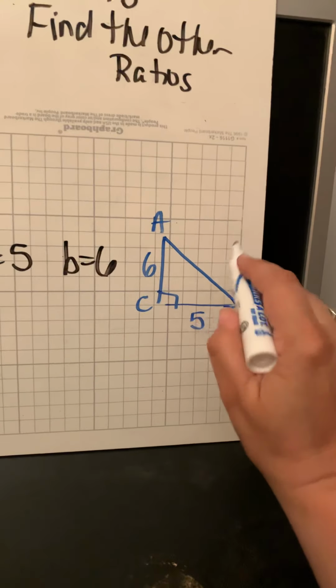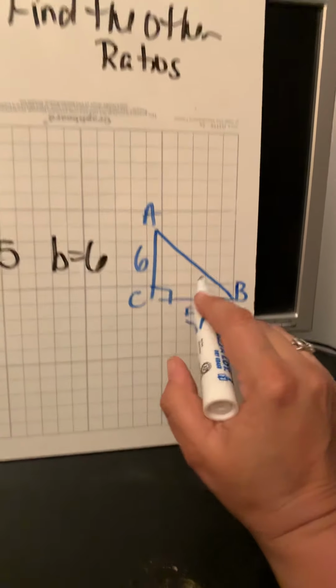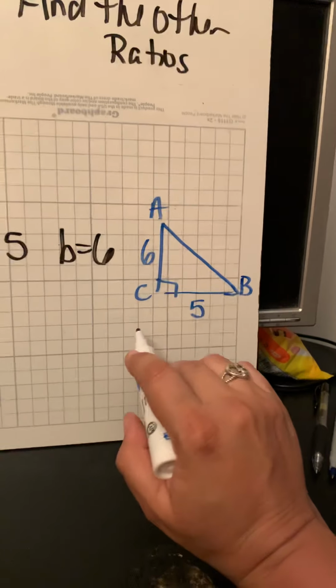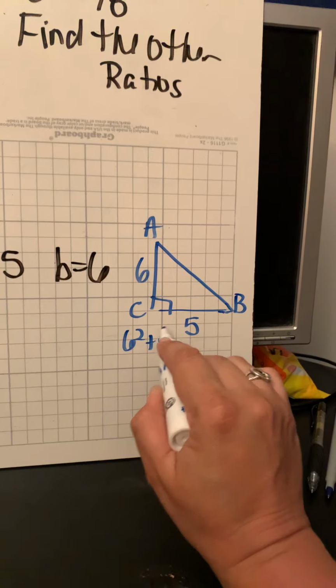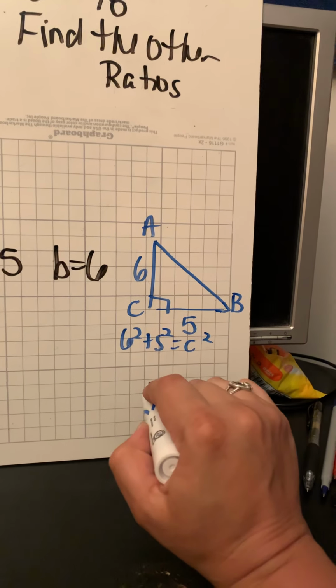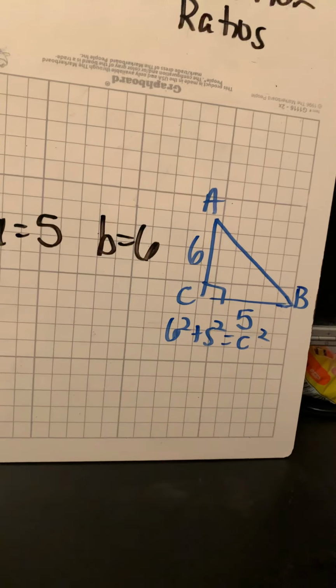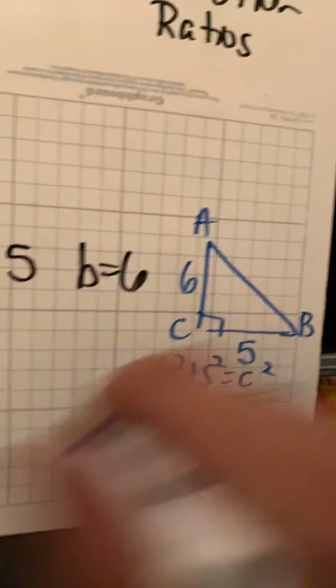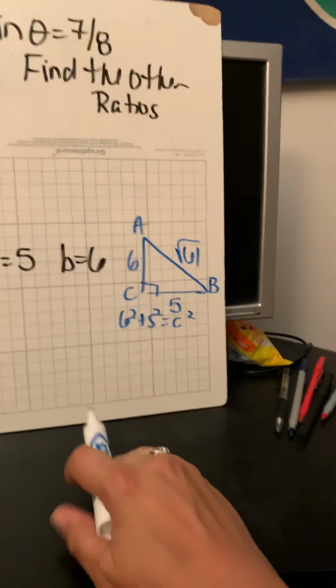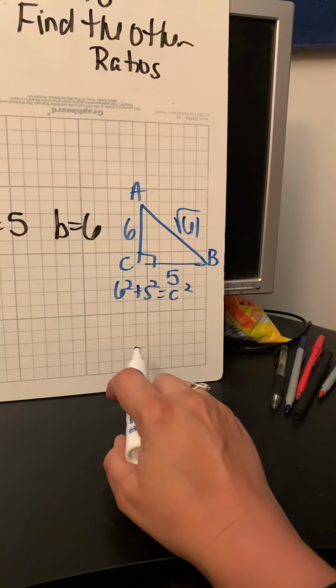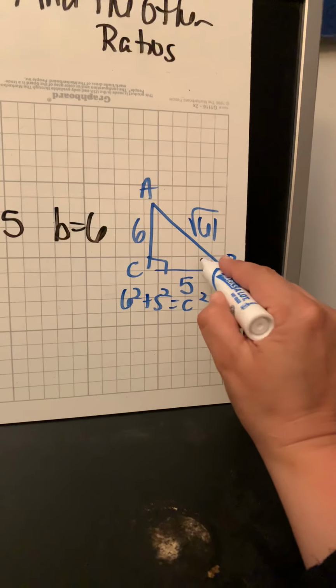We're trying to find C. So go ahead and do the Pythagorean theorem. So then you have 6 squared plus 5 squared equals C squared. 36 plus 25 is 61, so this is going to be root 61. Leave it in simplified radical form.